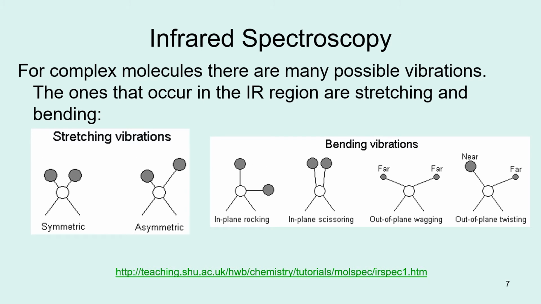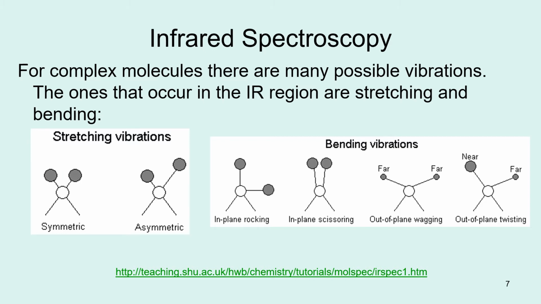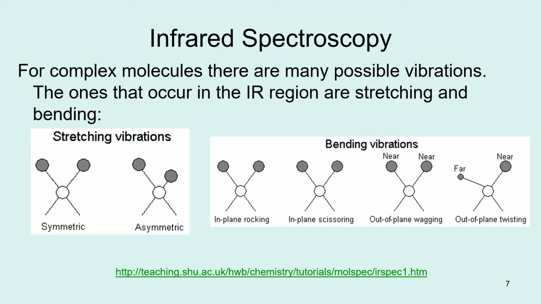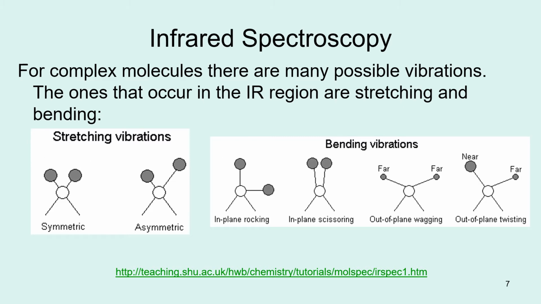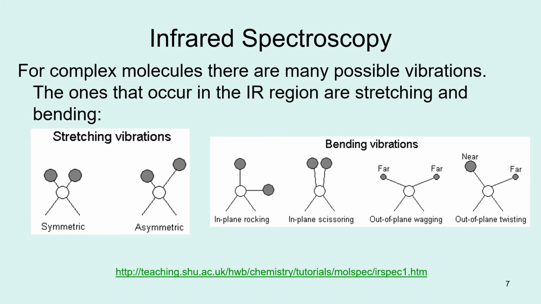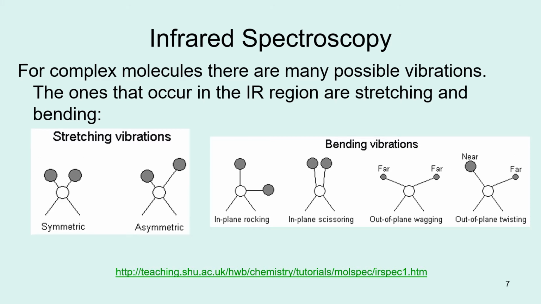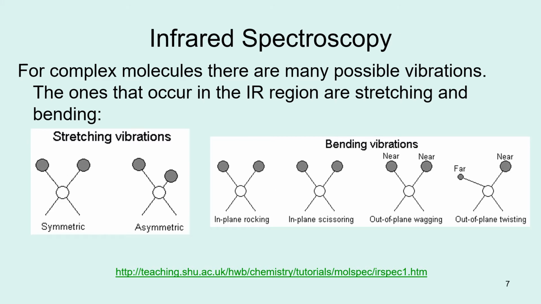All right, so here's what I was saying. A lot of times what we're going to be looking at is these vibrations, bond vibrations, and the ones that especially occur in the infrared region are called stretching or bending. While you're watching that, you can see that these are stretching, and we have symmetrical stretching or asymmetrical stretching.